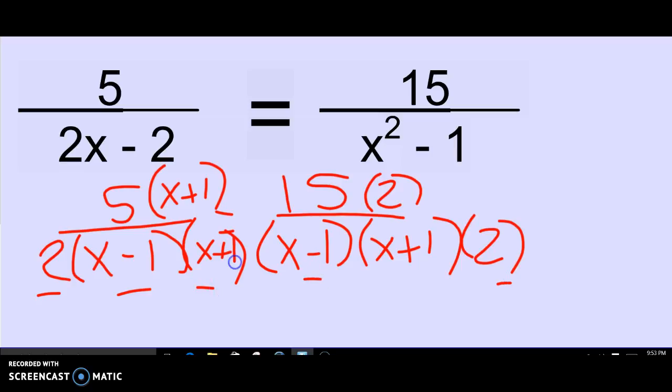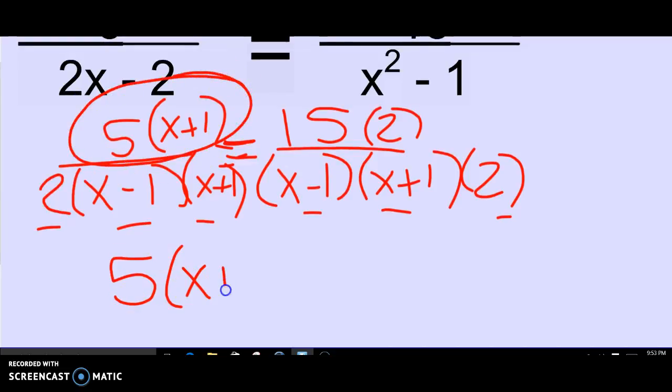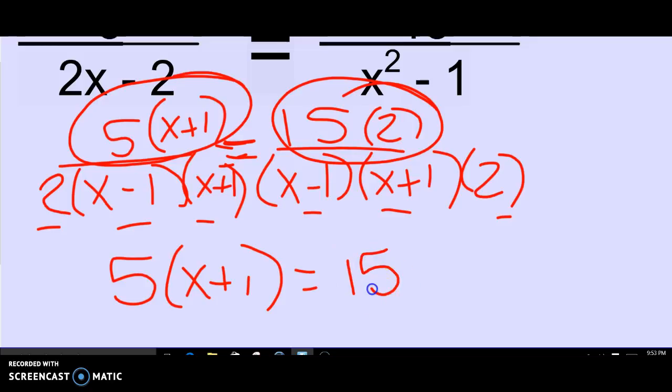Now, that's pretty messy. You can drop them. I'm taking this 5 times x plus 1 and bringing it down, and then I'm bringing the 15 times 2 down.